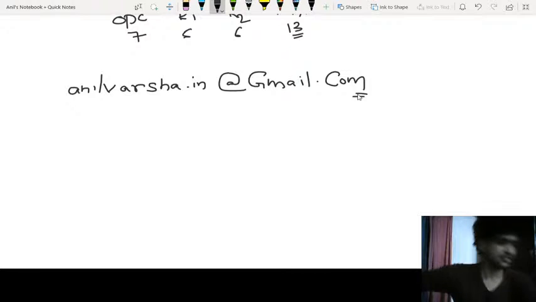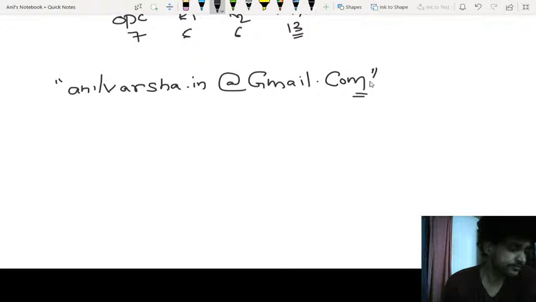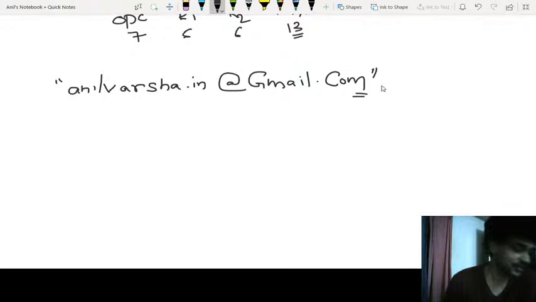Oh, is it? I don't know then. Fine. anilvarsha.in@gmail.com. This is my mail ID. Now is it visible? Anilvarsha dot in for India at gmail.com. Now I think it should be visible. Okay, good.